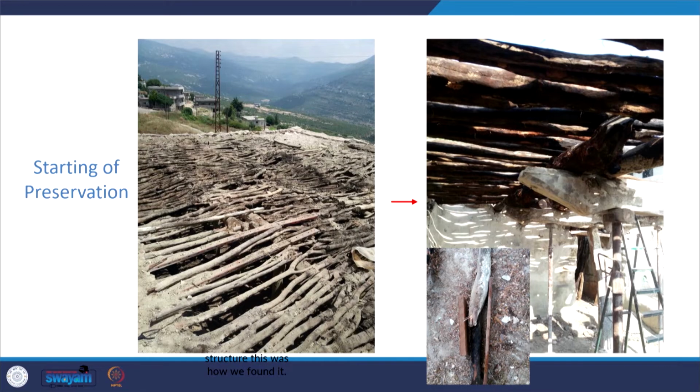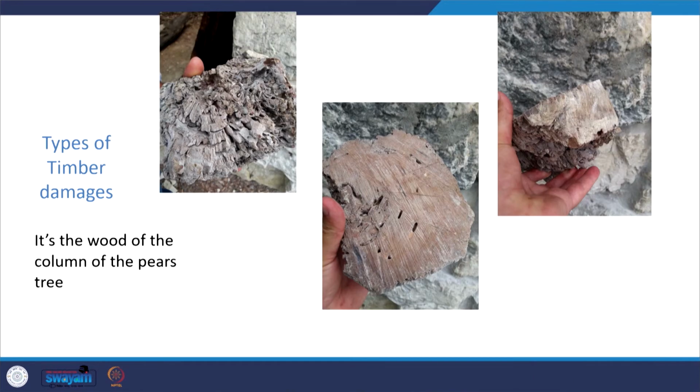So this was the situation where the damaged trunks, once the soil had been taken out on the top, this was the condition of the roof. And later on, the kind of timber they had used, this was all made from pear tree, and it has completely damaged. It's not useful.